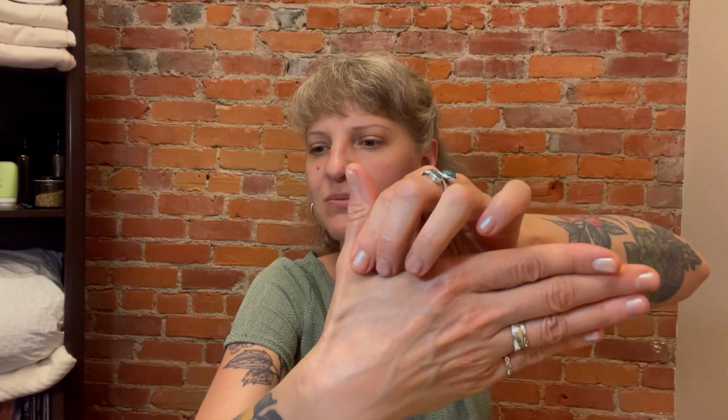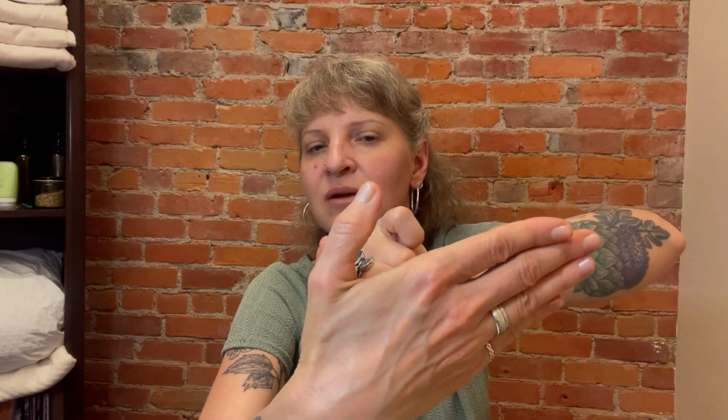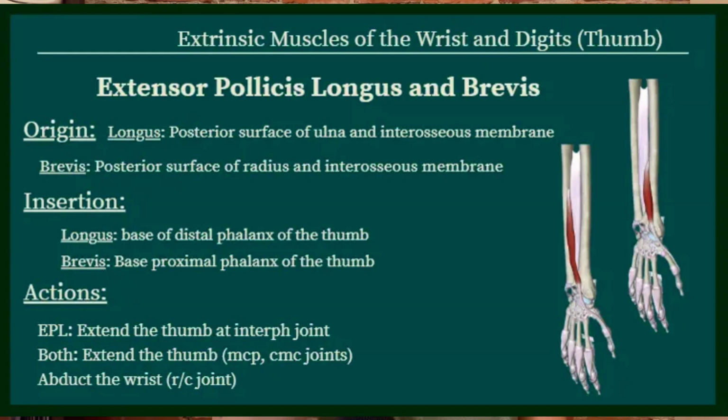The first knuckle would be where the metacarpal attaches to the carpals. We've got the proximal phalanx and the distal phalanx. We don't have a middle one for the thumb. The base of the proximal phalanx is here, and the base of the distal is here. Longus attaches to the distal one, and brevis attaches to the base of the proximal one.